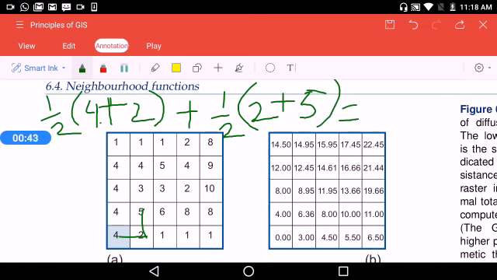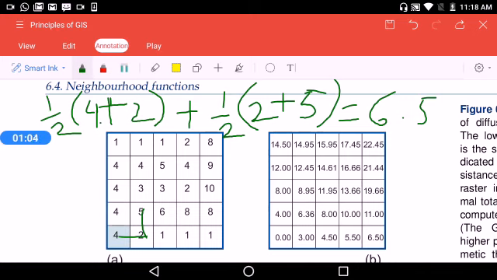Half of 6 is 3, and half of 7 is 3.5, so that comes to 6.5. This is our answer for going east first and then north.